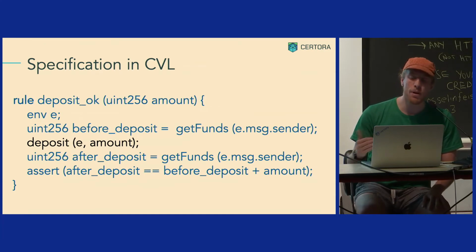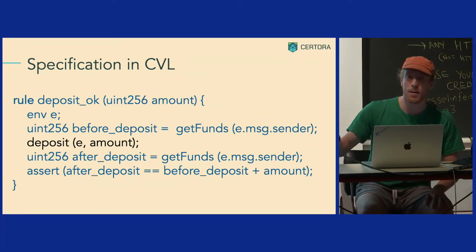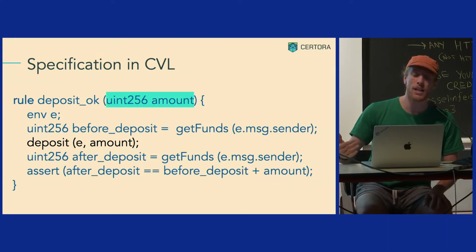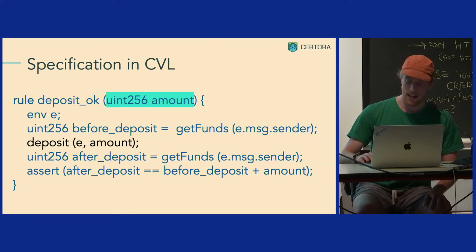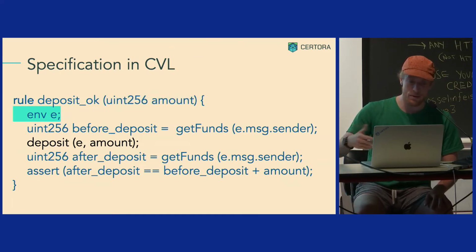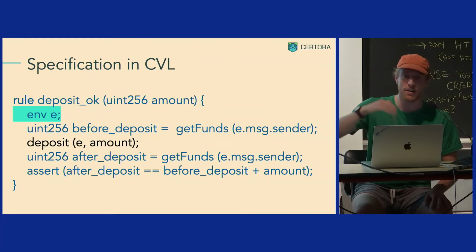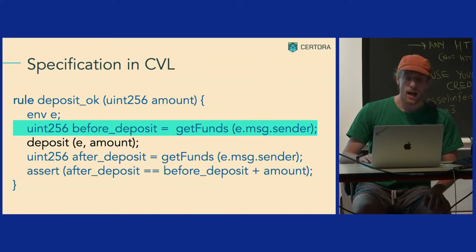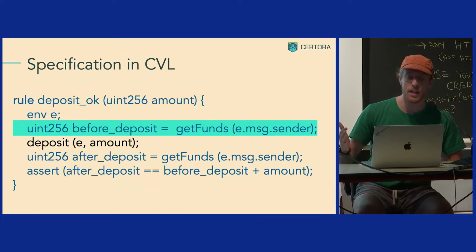You guys have probably seen more complicated rules than this by now. But we have a symbolic amount. This means amount can be anything. We have some environment, which could have any message sender, any whatever. And we say something about the funds before.